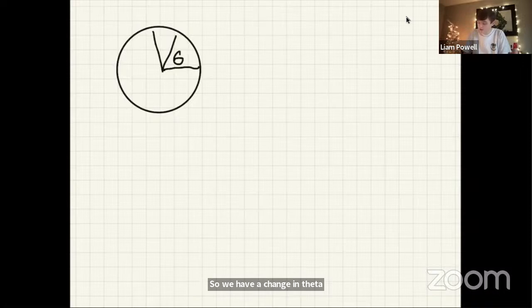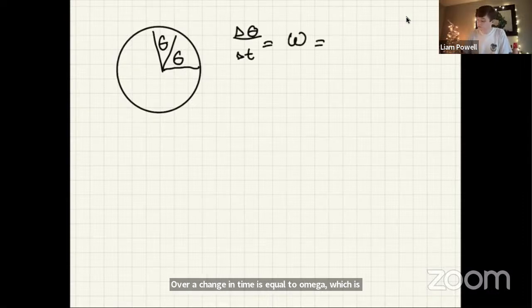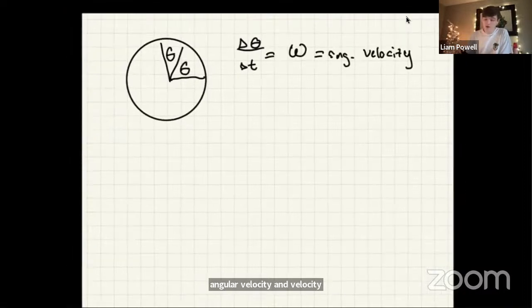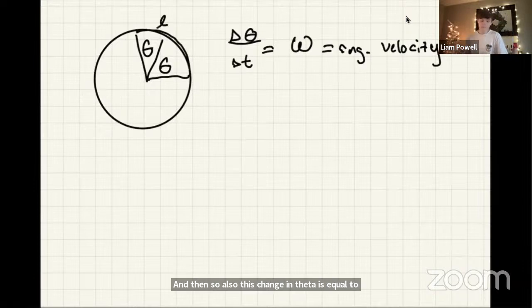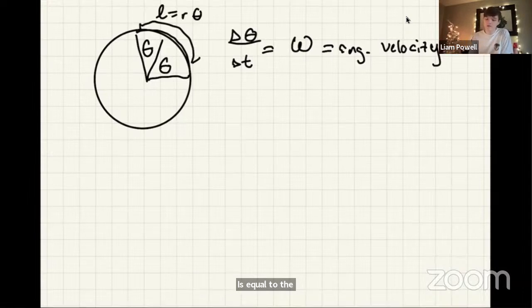A change in theta over a change in time is equal to omega, which is angular velocity. And the arc length that it covers is equal to the radius times theta, when theta is in radians.